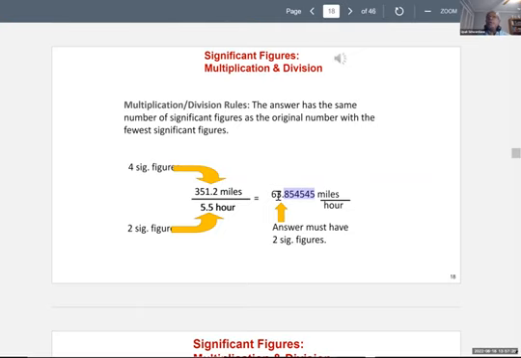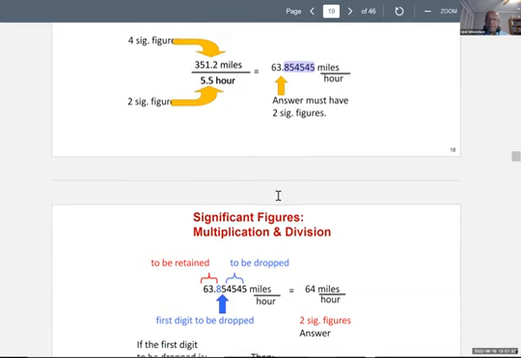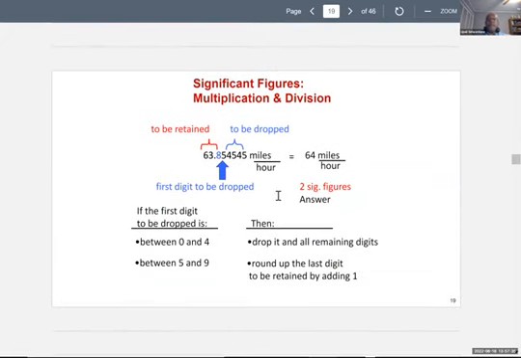So we look at this in detail. This is the same answer. The numbers to be retained are 63, two places. 8 is the number to be dropped.